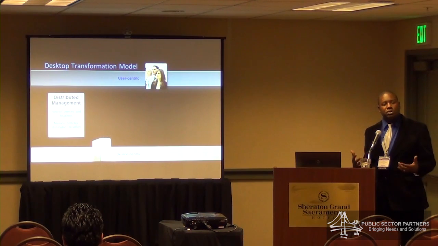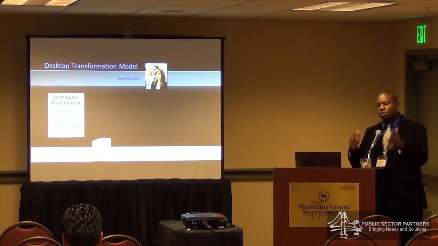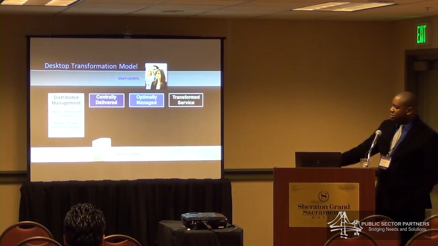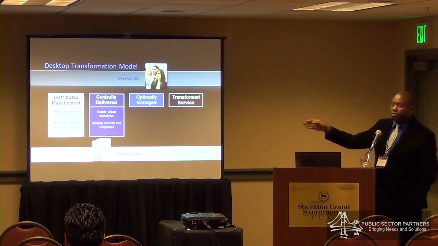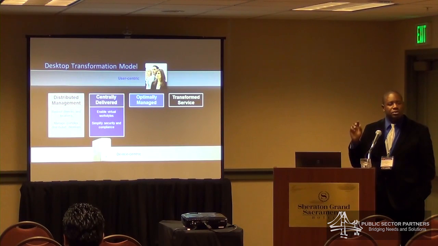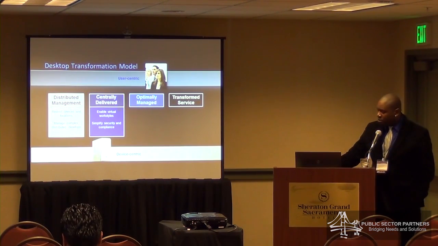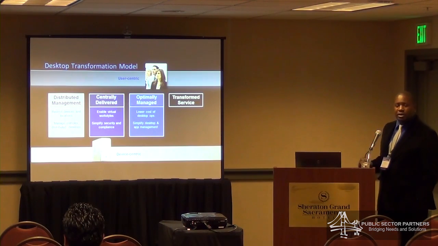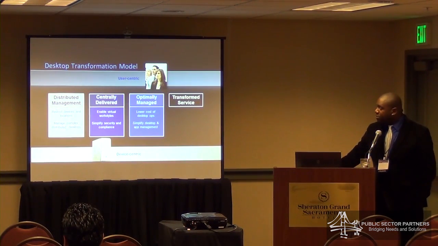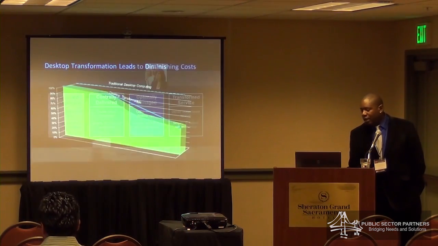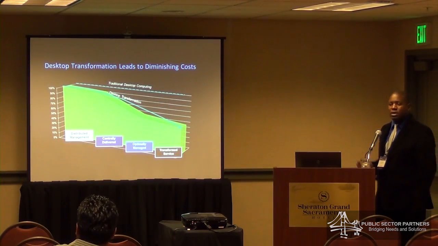And how I'm going to secure the environment is I'm going to secure the user, right? And to do that, I'll deliver centrally delivered environments, down to session virtualization, app virtualization, desktop, until the point where it becomes optimally managed. And then at that perspective, it becomes a transformative service, right? And to do that, you'll also see a reduction in cost.